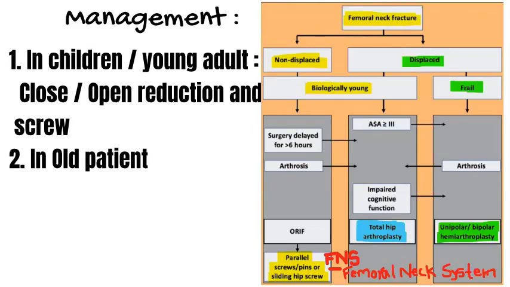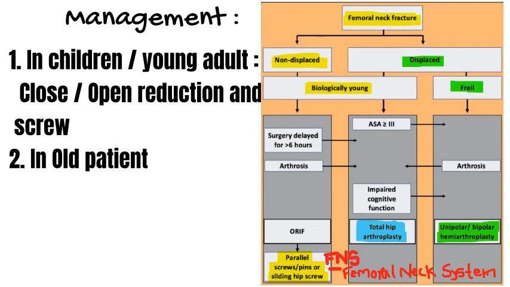In a non-displaced fracture in the biologically young, we can do parallel screws or pins or a sliding hip screw, usually with open reduction. But a new system we can use right now is the femoral neck system.